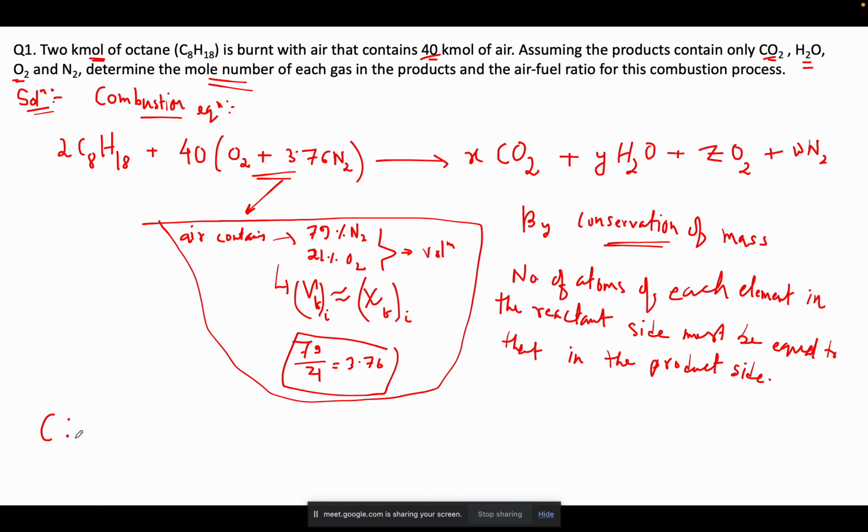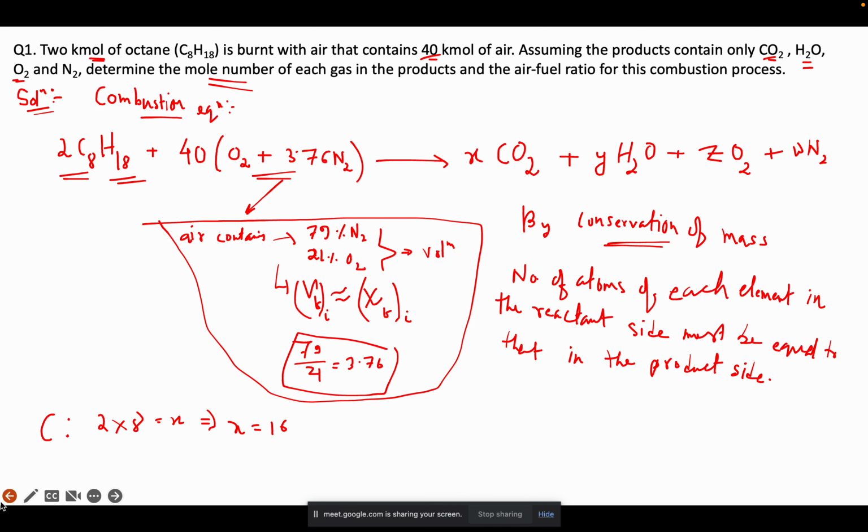What we will get, so from here it is 2 into 8, so that is the carbon on the left, and on the right carbon is equal to x. Okay, so that means x is equal to 16.